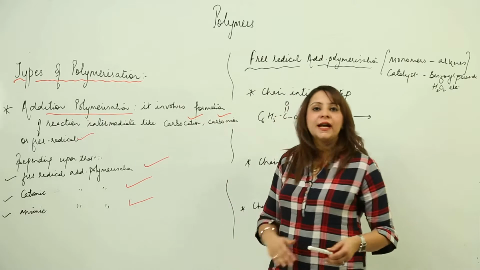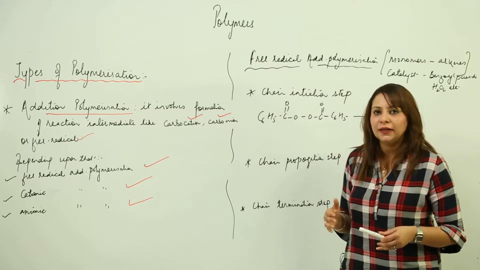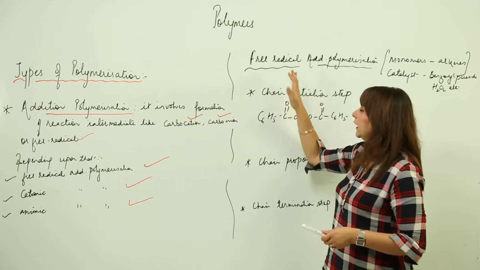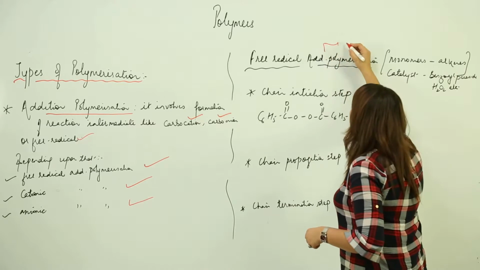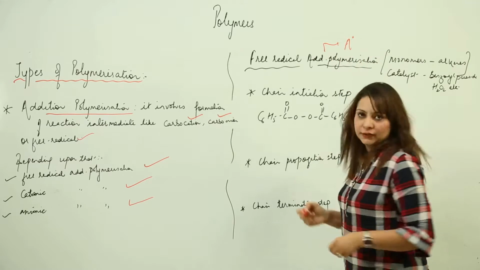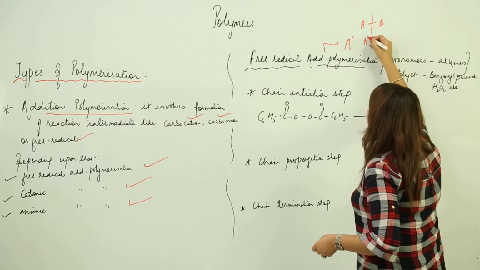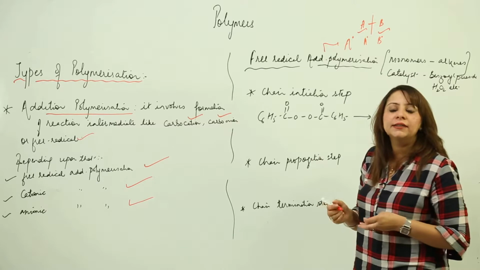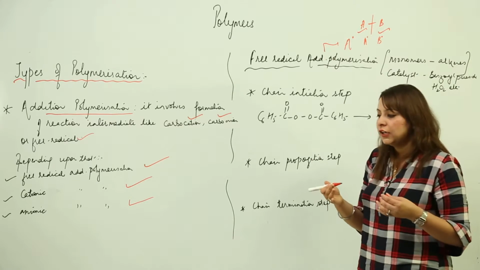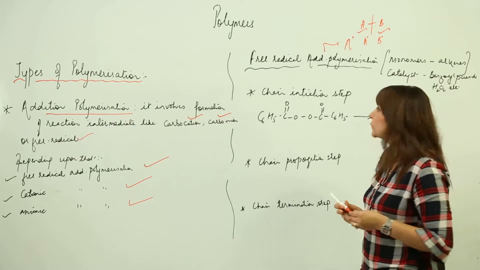So, first we are starting with the free radical addition polymerization mechanism. You must be knowing what a free radical is. A free radical is an atom which contains an unpaired electron, and it is formed as a result of homolytic fission, in which both the constituents take the shared pair and distribute it equally among themselves.